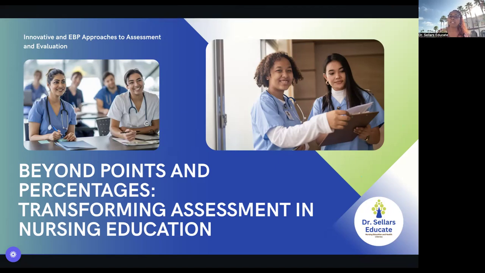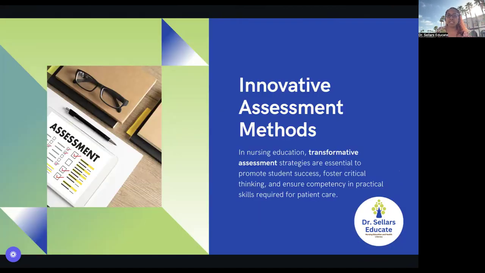So as an example, you may require students to achieve a certain grade on exams. So 76%, 78%, 80%, okay? So those are points towards that total 1,000 points as an example. But we want to look beyond those points and percentages. We really want to talk about how do we validate that transformation has happened.